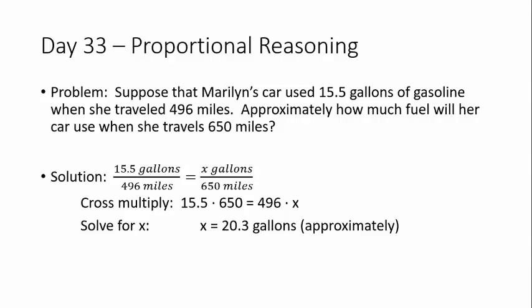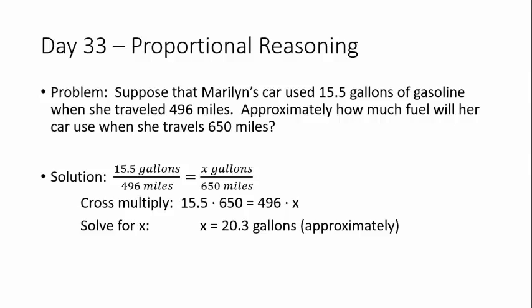Approximately how much fuel will her car use when she travels 650 miles? We will set up a proportion in order to solve this problem. We'll begin with a ratio of known values. We're told that the car used 15.5 gallons when she traveled 496 miles. So our ratio will be 15.5 gallons to 496 miles.